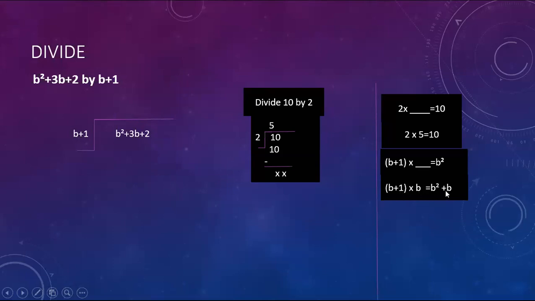Then this plus sign is copied as it is. So b ones are b. So here we get this answer. When we multiply b plus 1 with b, we get b square plus b. So here I can write in the quotient b plus 1.